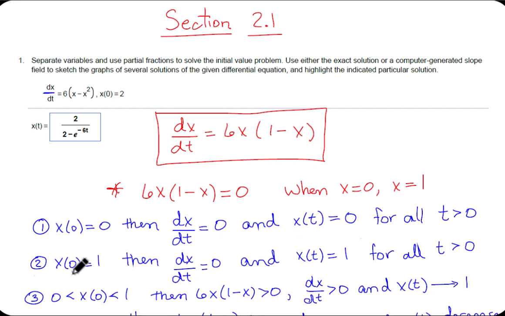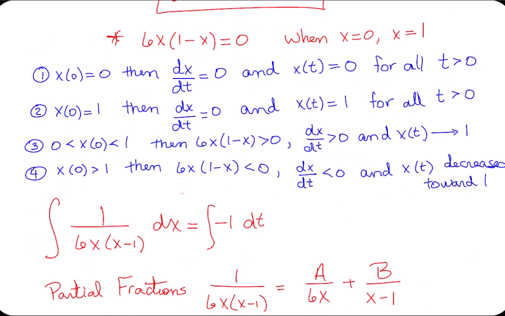If my initial condition is 1, well again, if it's 1, the derivative is 0 and our solution is going to remain at 1 for all time t bigger than 0. Well, what if my initial condition is some number in between 0 and 1?